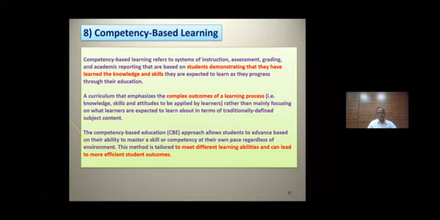If a particular student acquires a particular competency level, then he can be called a graduate. He can go to a postgraduate program. And if he acquires certain knowledge in the postgraduate program, he can go for higher studies.